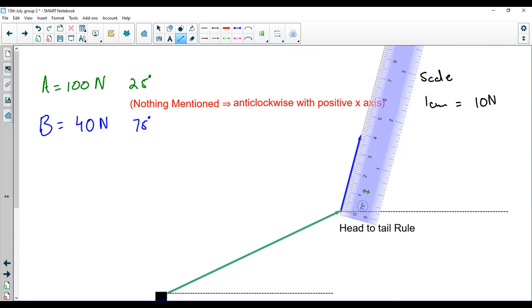And how have we drawn these two vectors? We have drawn these two vectors by the head to tail rule. Is that right? So we have both vectors. This vector is 100 Newton at 25 degrees, and the other vector is 40 Newton at 75 degrees.